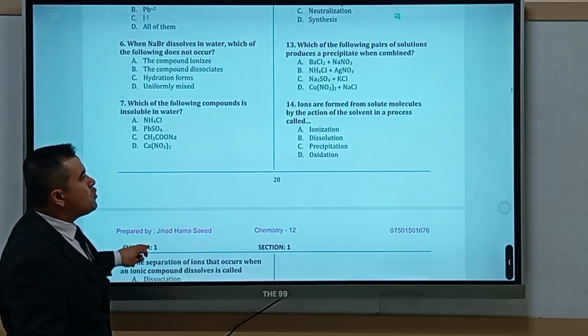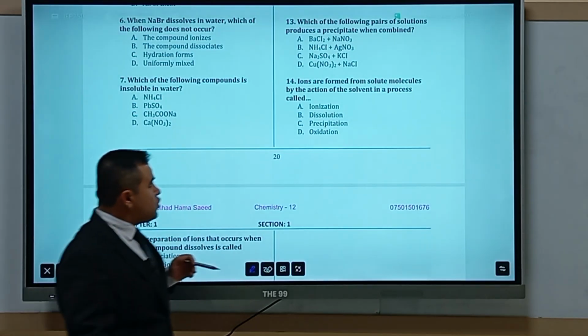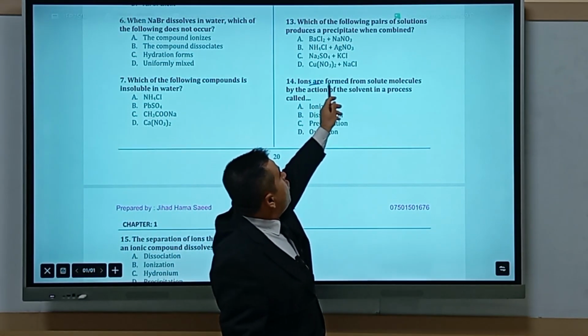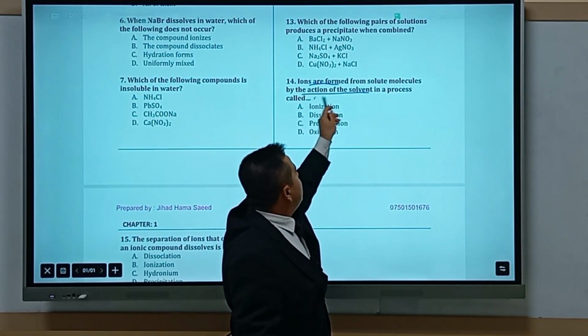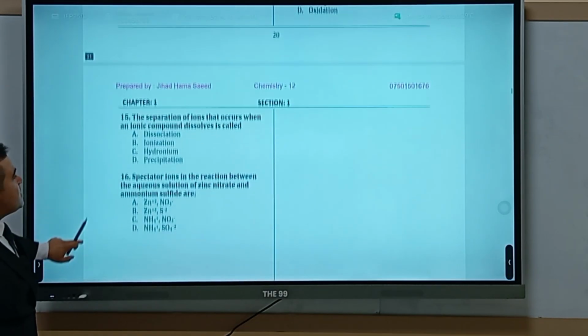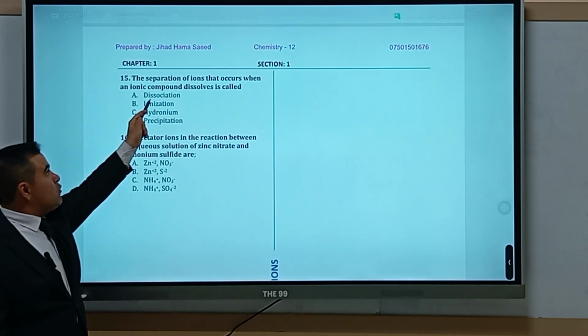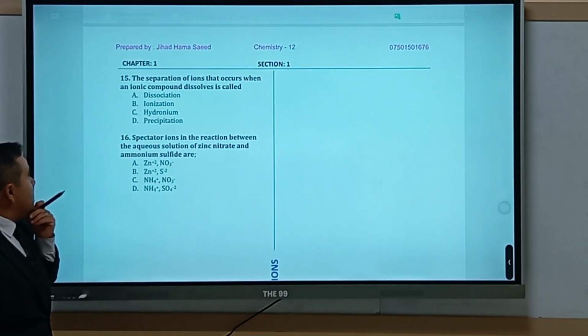Ions are formed from solute molecules by the attraction. This was a ministerial exam question. Ions formed by the attraction of the solvent is ionization, of course. The separation of ions is the definition of dissociation.